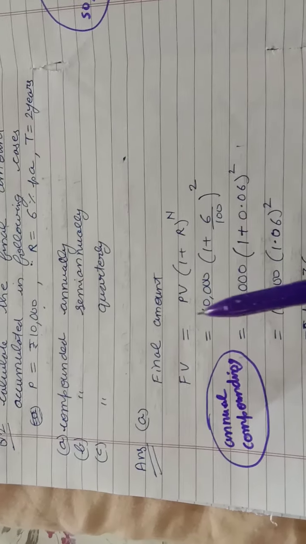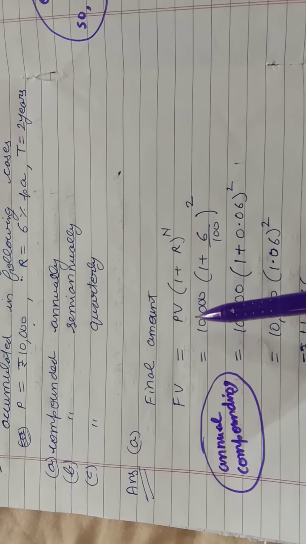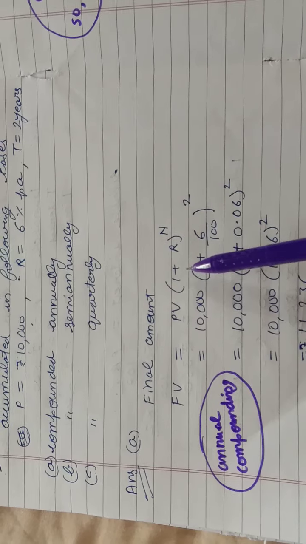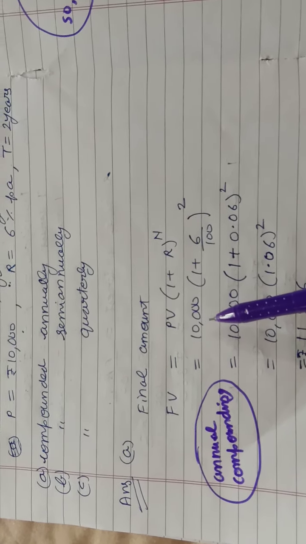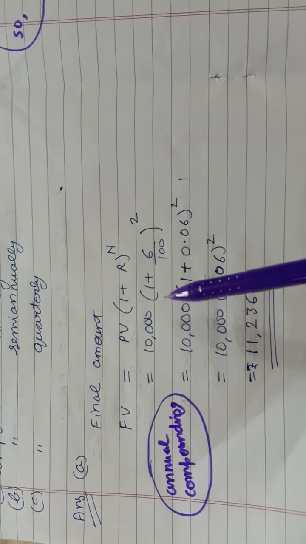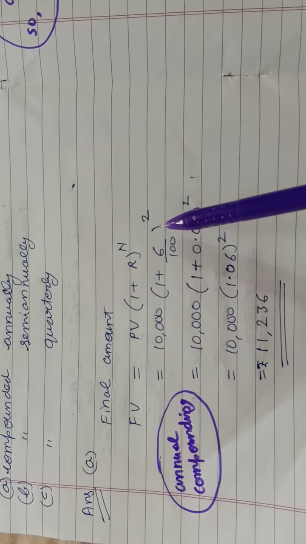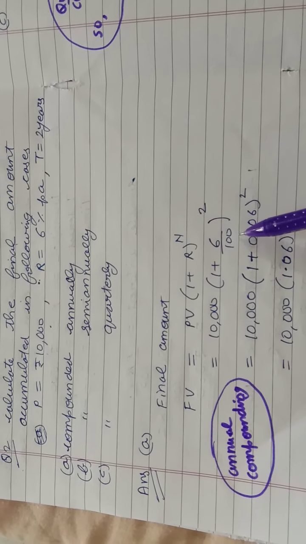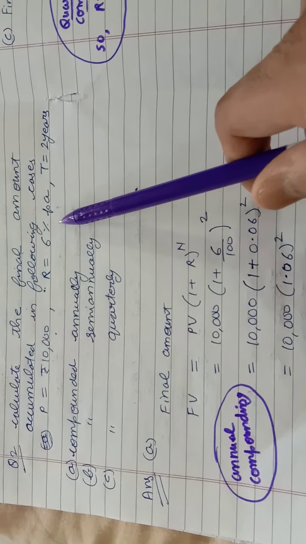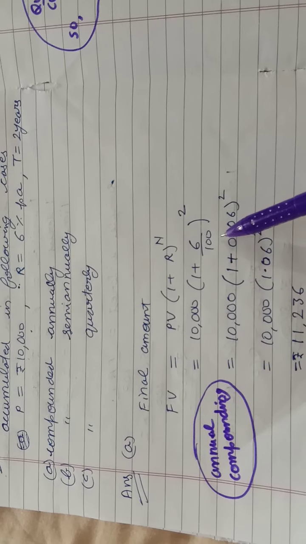The formula is quite simple. FV is equal to PV into 1 plus R raised to power n. Present value is 10,000, bracket 1 plus R is 6%, which was given, 6 by 100. Why 100? Because it is percentage, so you have to divide it by 100.